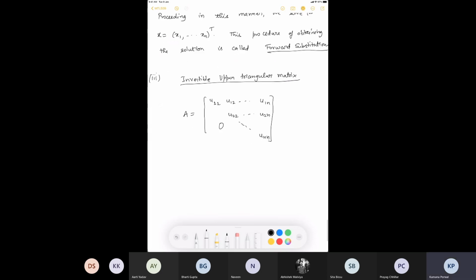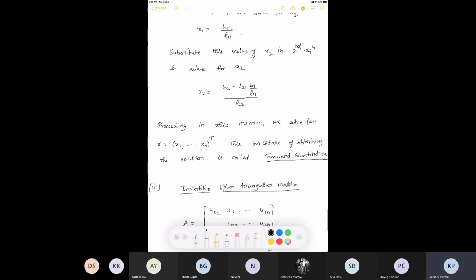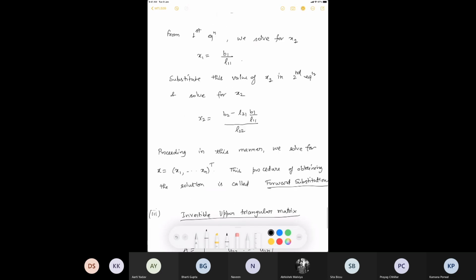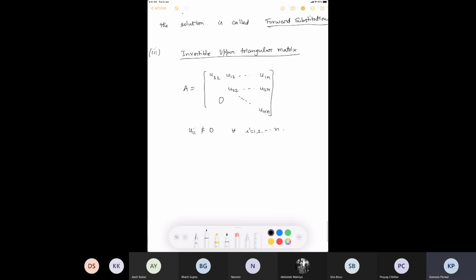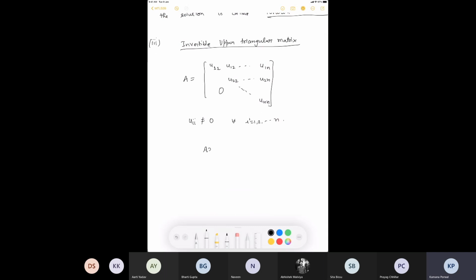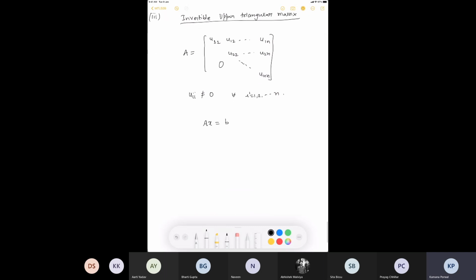Okay, and here since this is an invertible matrix, the Uii are not equal to 0 for all i. And if you consider the linear system in this case, that is if you consider Ax is equal to b, we can solve it by back substitution that we have already seen, right?